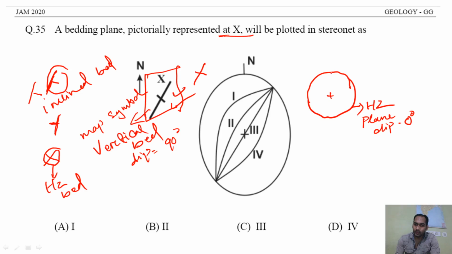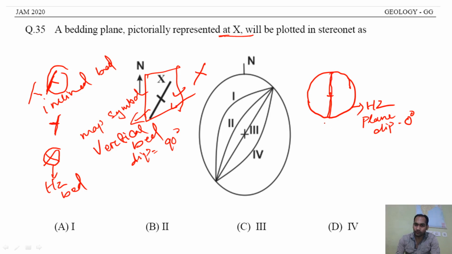If we see, there is a line like this. This is a straight line, though it is not perfectly straight because of my writing, but assume it is a straight line, right?